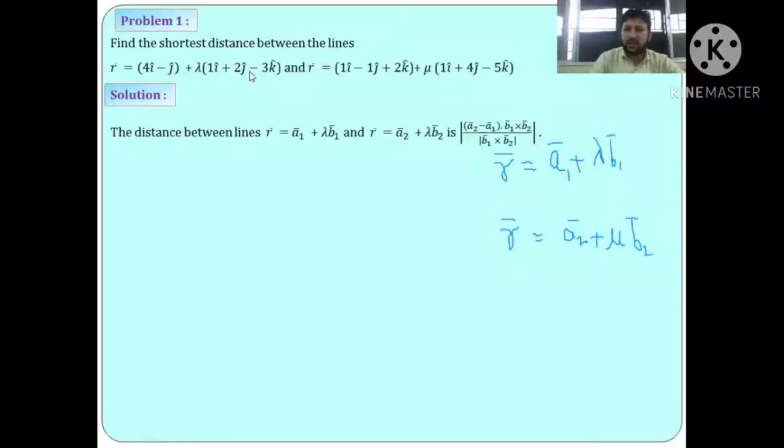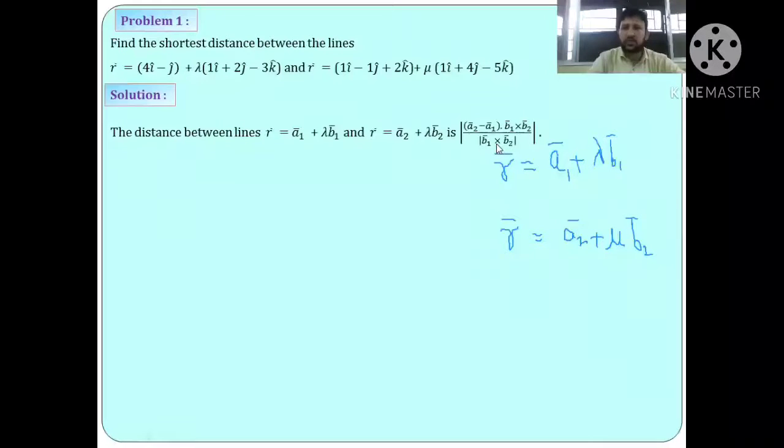You have seen in the previous video the formula for the distance between skew lines, given by the modulus of (a2 bar minus a1 bar) dot product with (b1 bar cross b2 bar), divided by the magnitude of b1 bar cross b2 bar.